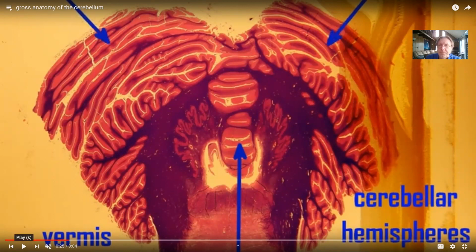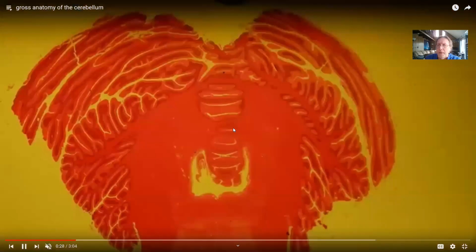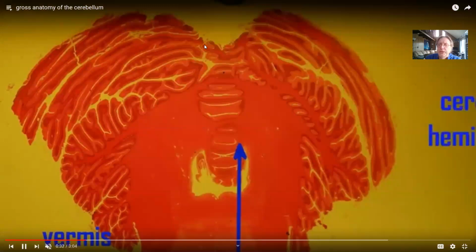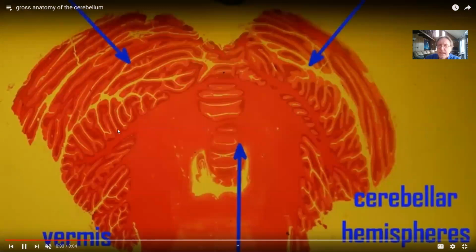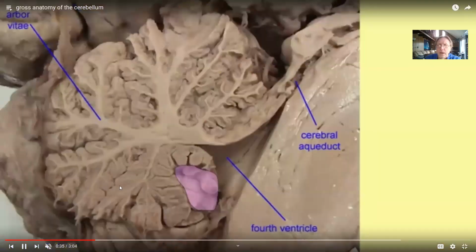In the human cerebellum, there is this central unpaired region known as the vermis, named after a worm. It kind of reminded early anatomists of a worm. But then there are these two large cerebellar hemispheres which contain most of the gray matter of the cerebellum.